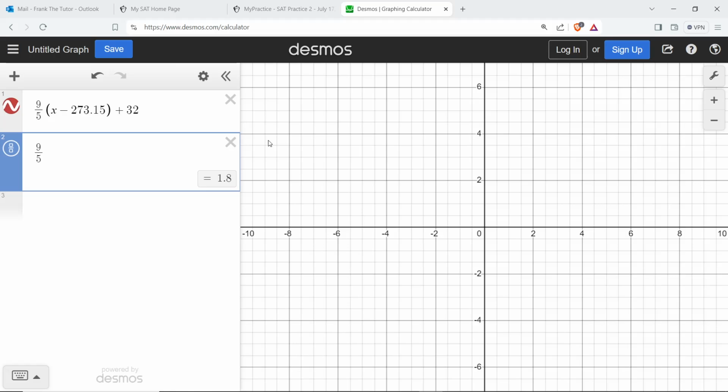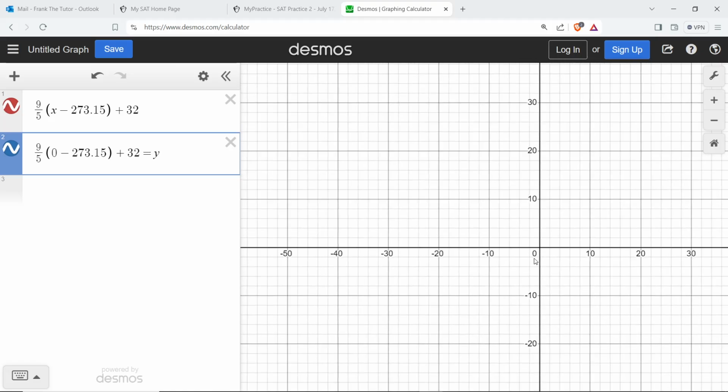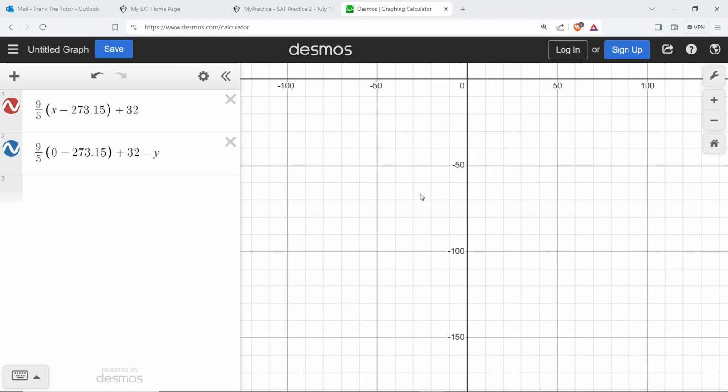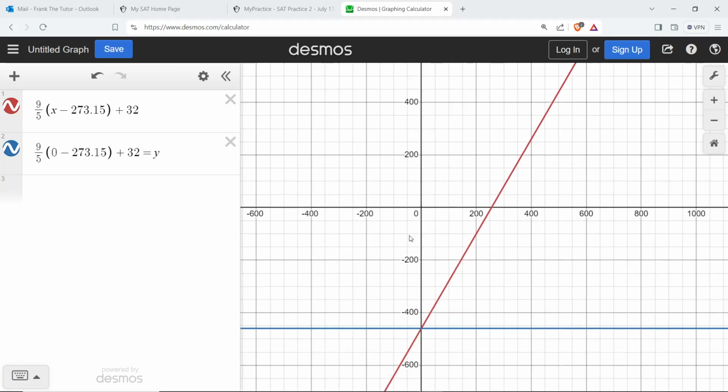Now, it says the degree Kelvin increases by 1 degree. So I'll try 0 minus 273.15. I'm putting in 0 for the degrees Kelvin, and it's going to give me a value. Oh, and I have to put equals y, else it's not a function. It's not going to show me anything. So where does this thing go? It's probably going to be very negative, and it's the blue.